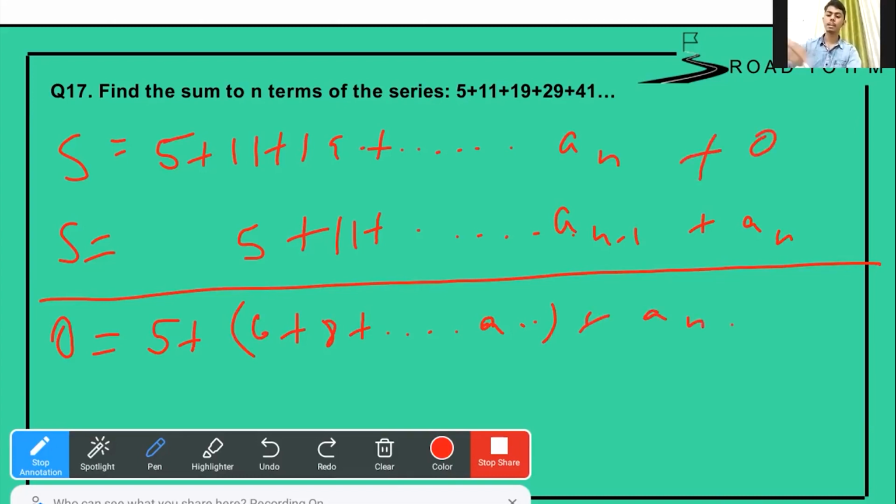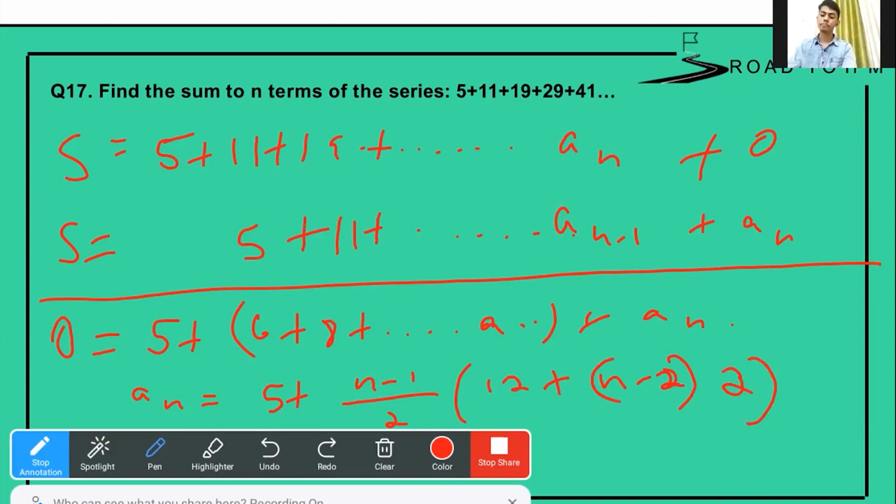We can bring AN to the other side, so AN is equal to 5 plus the sum of n minus 1 terms of this AP. So n minus 1 by 2 into 2a, 12, plus n minus 2 multiplied by 4, sorry, multiplied by 2.